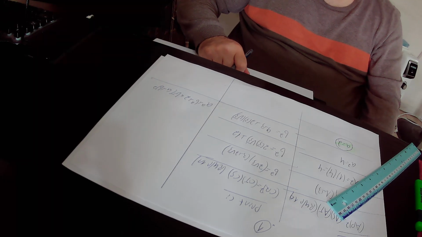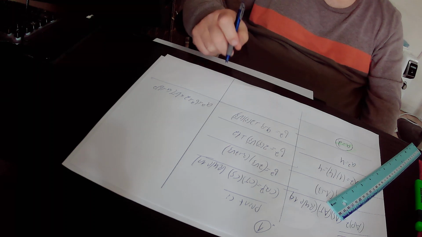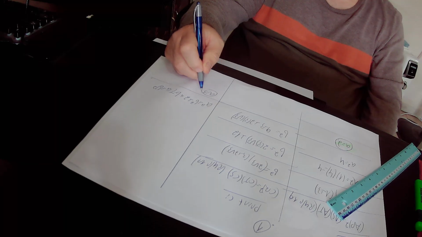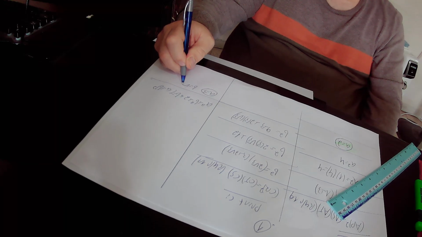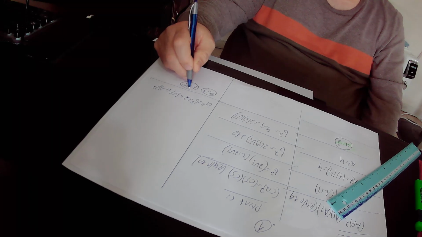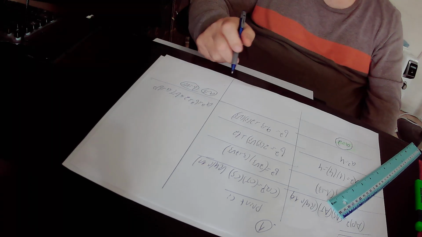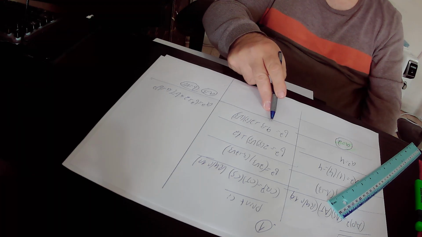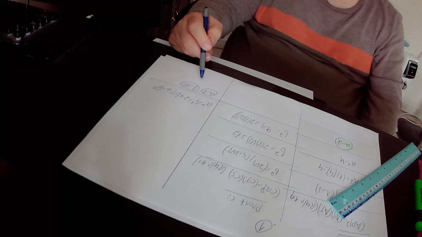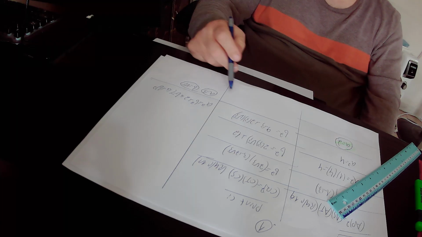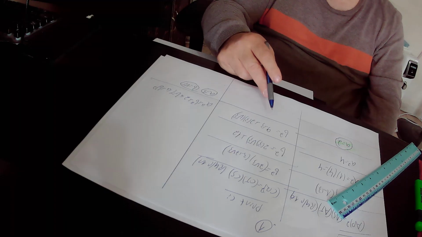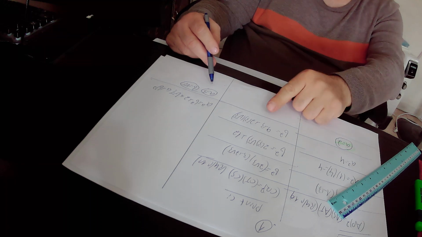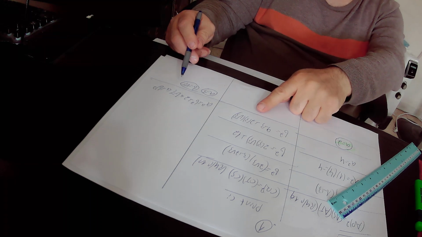If you just substitute A in this algebraic identity by 3 and substitute B by square root of 3, we'll actually get that A squared will be equal to, A is 3, so A squared is 3 squared, it is 9. We have here 9 plus B squared. B is equal to root 3, therefore B squared is equal to root 3 squared, it is 3, so we have 9 plus 3 plus 2 times A times B. A is 3, so it is 2 times 3 times B. B is equal to root 3.